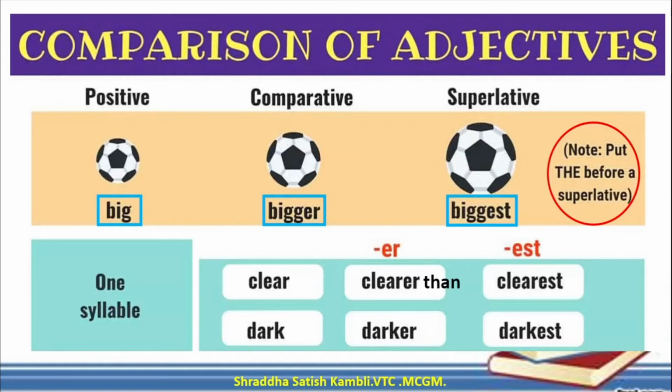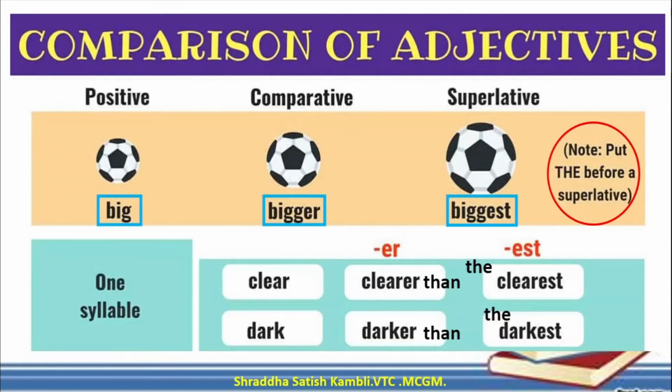And of course, in the superlative degree, you will write the clearest. Okay? So next one, how will you write? Dark, darker than, the darkest. So if you try to remember these things in this way, you will never make a mistake while writing a sentence.